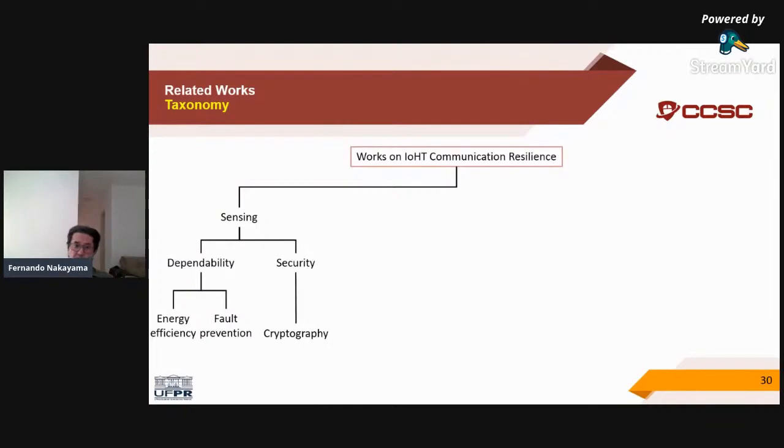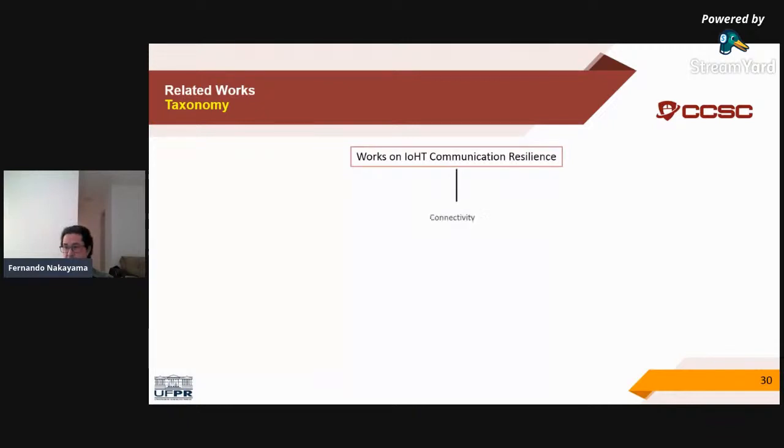Considering the security attribute, the works on cryptography involve some type of cryptographic primitive to ensure data confidentiality and privacy. Considering the connectivity services and the disruption tolerance attribute, the works on interference mitigation handle the cross-interference from multiple communications that can affect the data transfer.